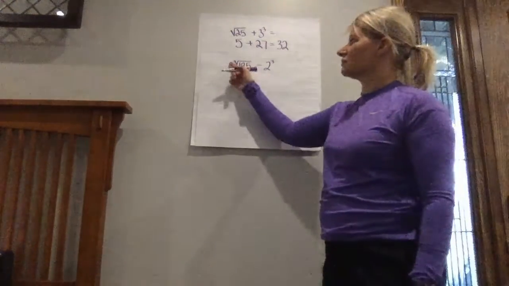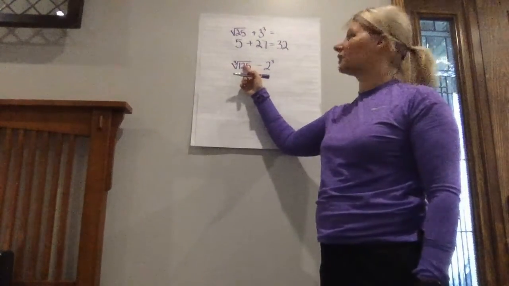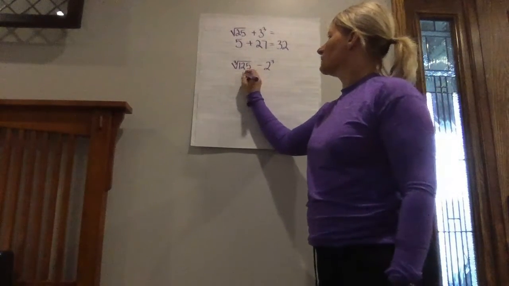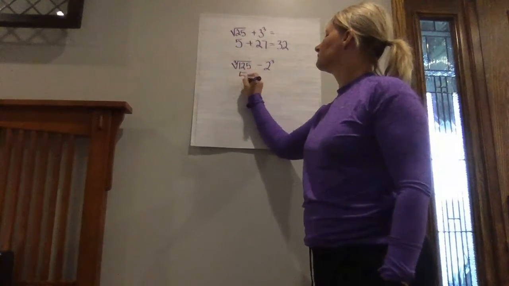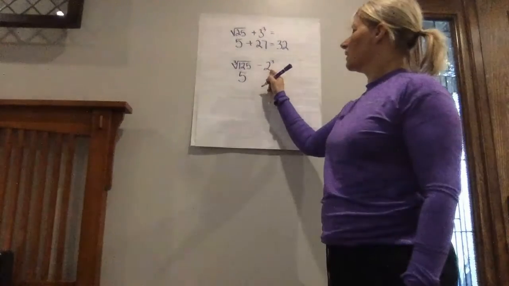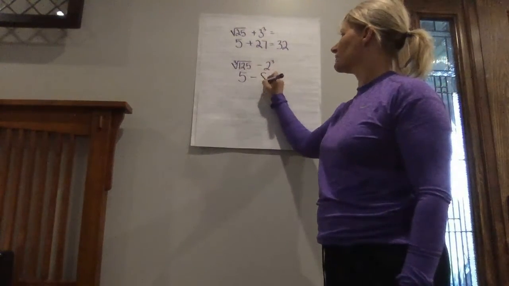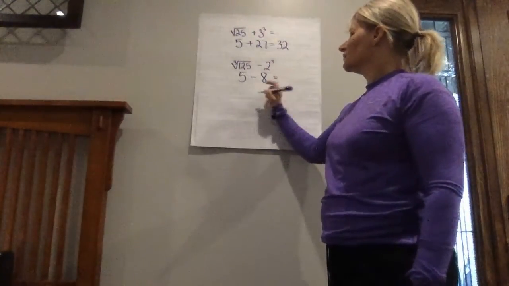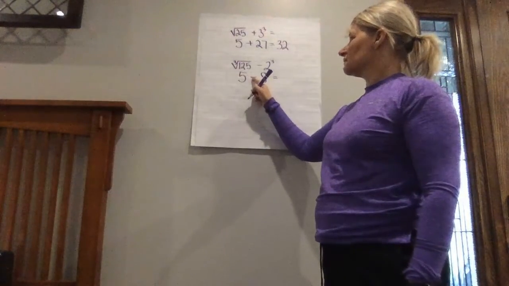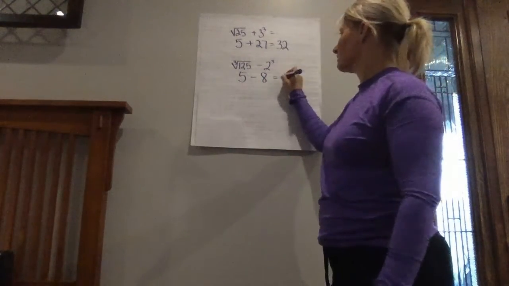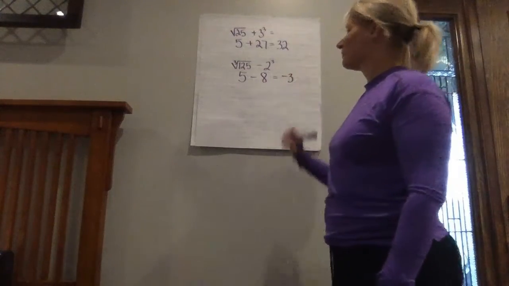Again, we do the grouping symbol first, so we do our cube root first. The cube root of 125 is 5. Then we do our exponent, so 2 cubed is 8. So 5 minus 8. We're taking 5 positives minus 8, so we would end up with less, a negative 3.